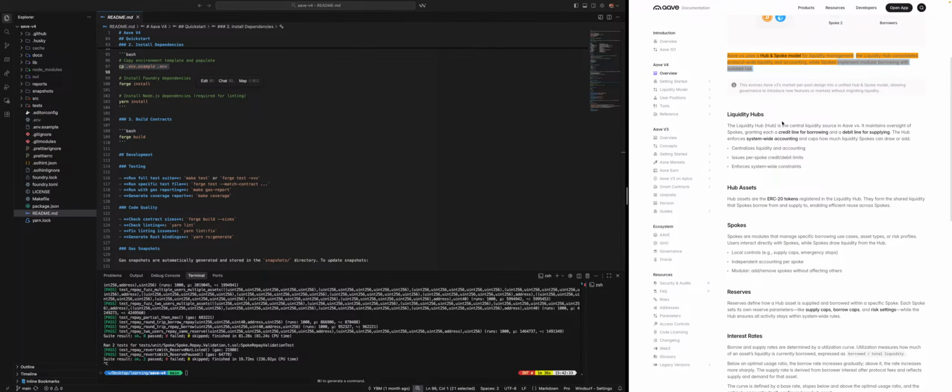Liquidity hub is the central liquidity source.